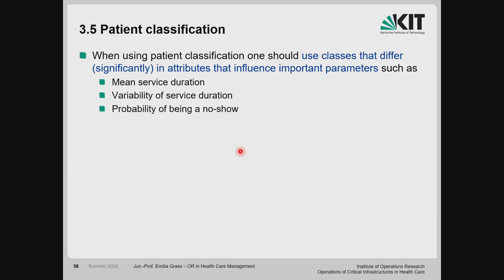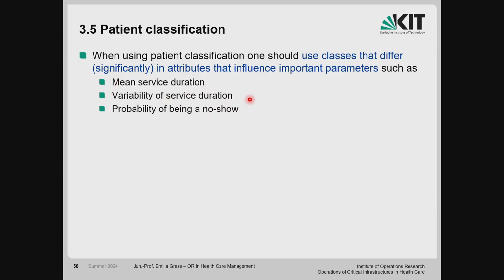Okay, so on the other hand, we have the patient classification. We have to differentiate the patients based on some kind of characteristics, because patient characteristics have a direct influence on our mean service duration and how variable the service durations are.